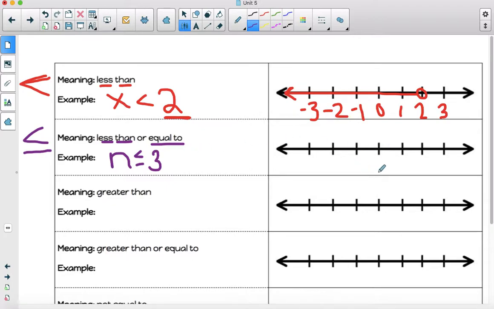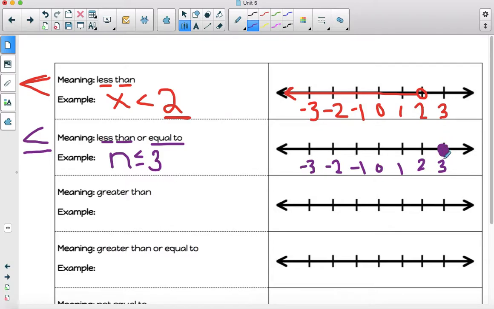So to graph this, first we've got to renumber our number line here. Okay, and just like in the last example, n is less than or equal to 3. So I have to go to the 3 on the number line. But this time, since it can be equal to 3, we have to color it in.